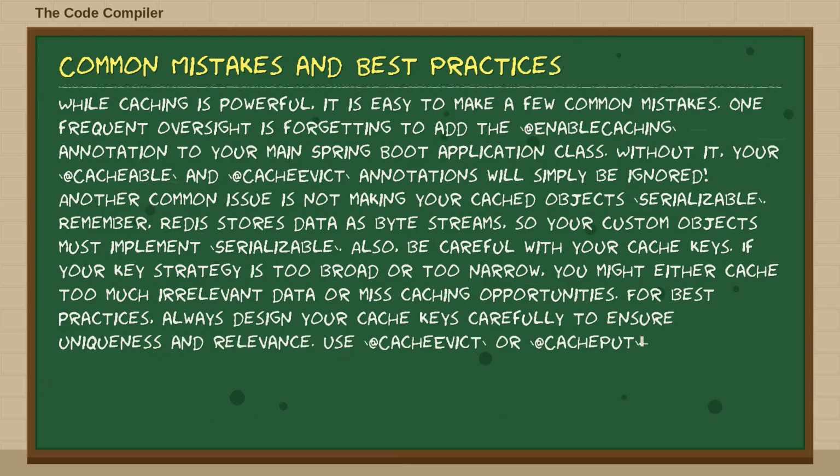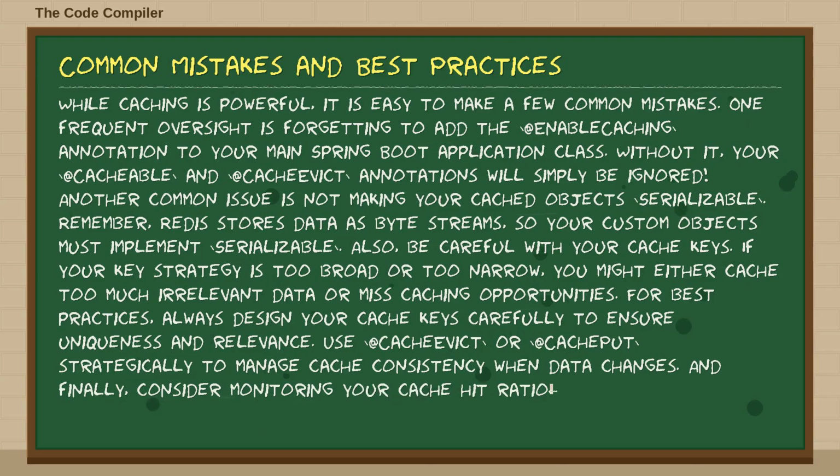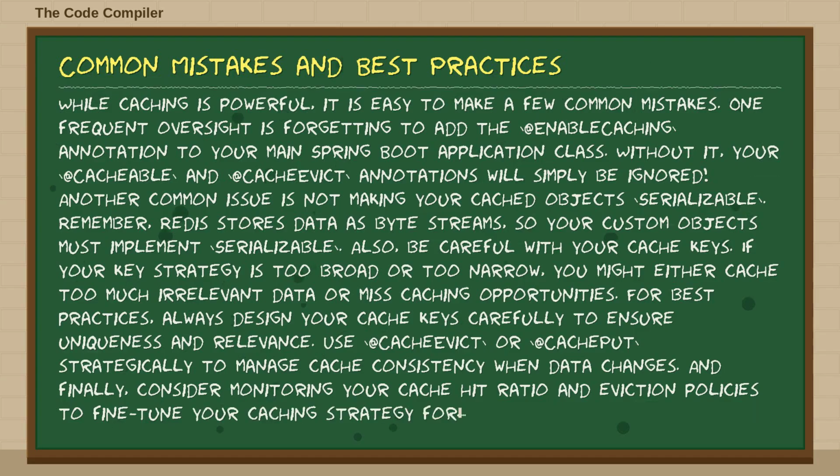Use @CacheEvict or @CachePut strategically to manage cache consistency when data changes. And finally, consider monitoring your cache hit ratio and eviction policies to fine-tune your caching strategy for optimal performance. These small tips can make a big difference in your application's efficiency.